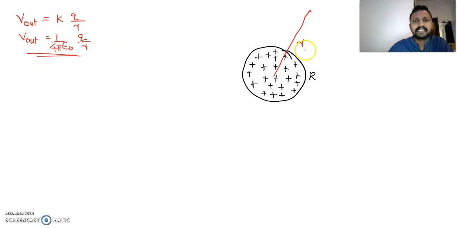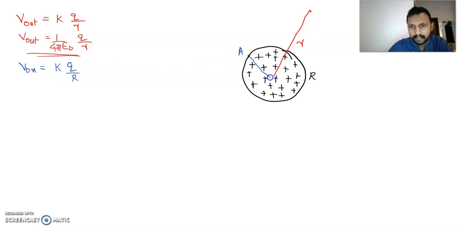Then let's go for potential on the surface. For that, let me define a point A on the surface. For potential on the surface, we have to make a slight modification: instead of small r, we substitute capital R, so kq by capital R. What's capital R?